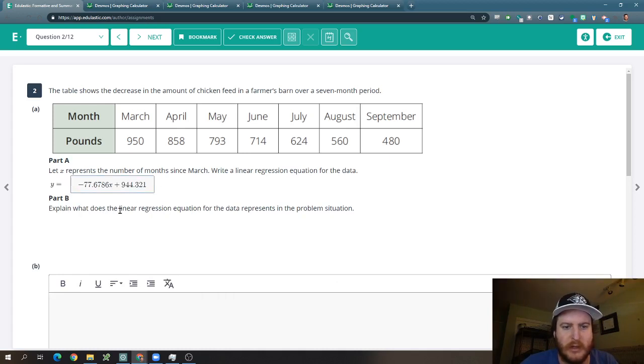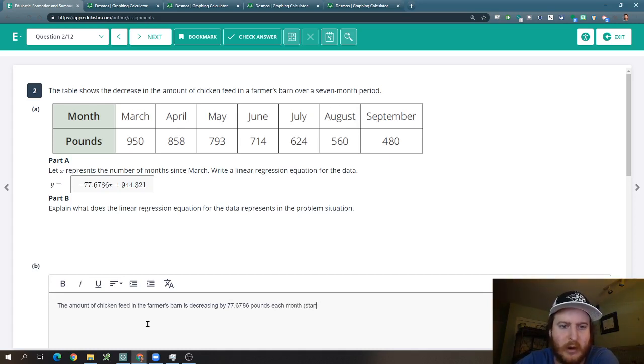Explain what the linear regression equation for the data represents in the problem situation. So we're just putting this into words. The slope would be pounds per month, right? So the amount of chicken feed in the farmer's barn is decreasing by 77.6786 pounds each month.